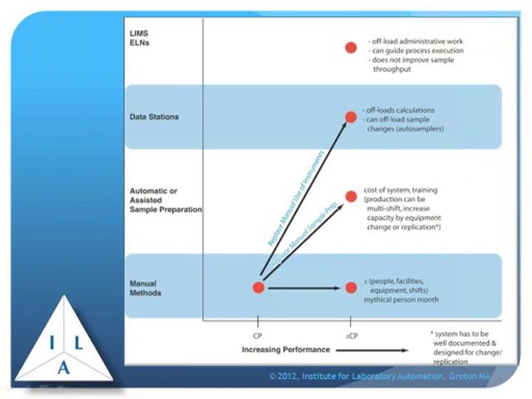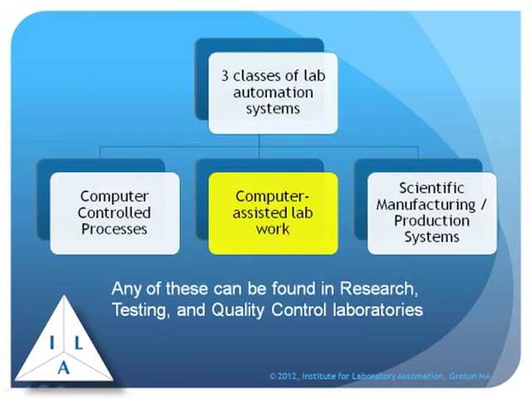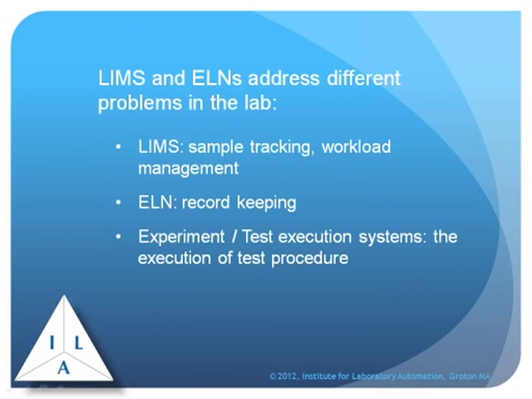They offload administrative work. They can guide the process execution of tests, but they don't improve sample throughput. And as such, they come under the heading of computer-assisted lab work. None of what's being discussed here requires a computer, as data acquisition did, but the computer system simply makes things a lot easier.